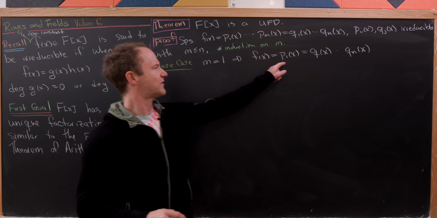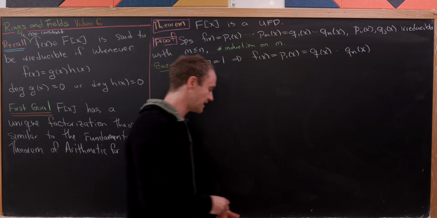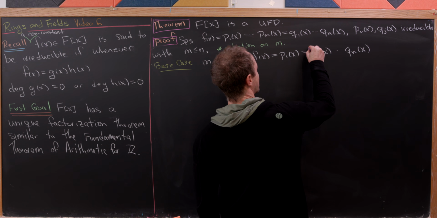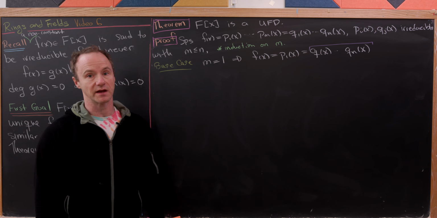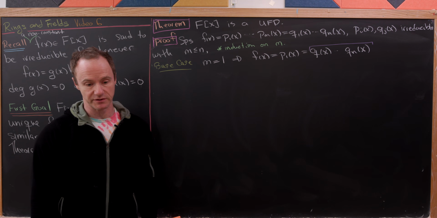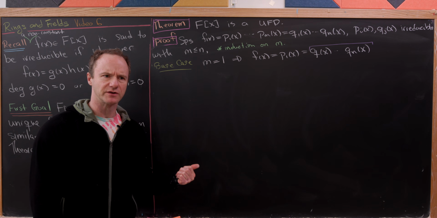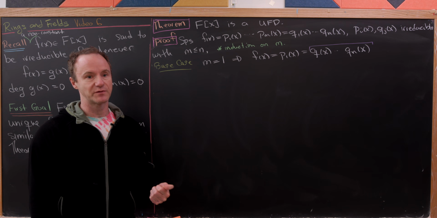But notice that if p1 of x is irreducible, then that means that this product right here has to collapse to just one thing. Because, well, notice that we're factoring that into a product of irreducibles. But if you factor an irreducible, all of the terms except for one have to be a constant.